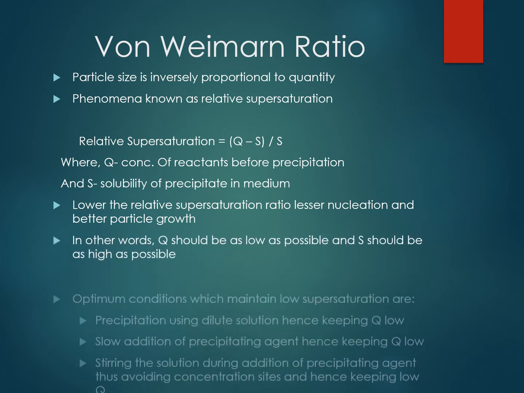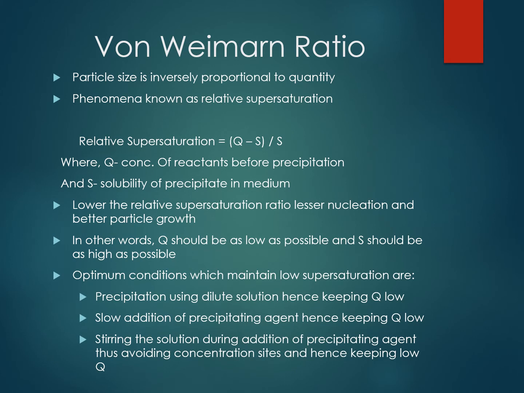Relative supersaturation has an inverse effect on the particle growth, and hence the lower the value of the ratio, the better the particle growth. In other words, Q should be as low as possible and S should be as high as possible.